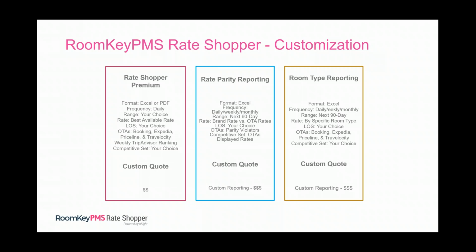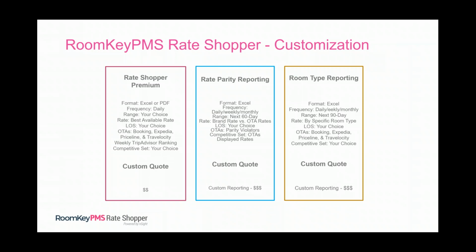We also offer 2 additional reports to the rate shopper. The first one would be the parity report and the rate shopper based on a room type report. Again, those are custom quotes and will depend on your needs and can be customized as well.